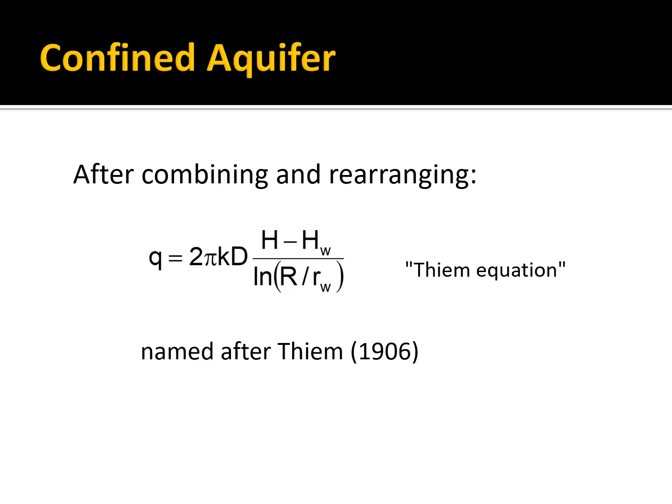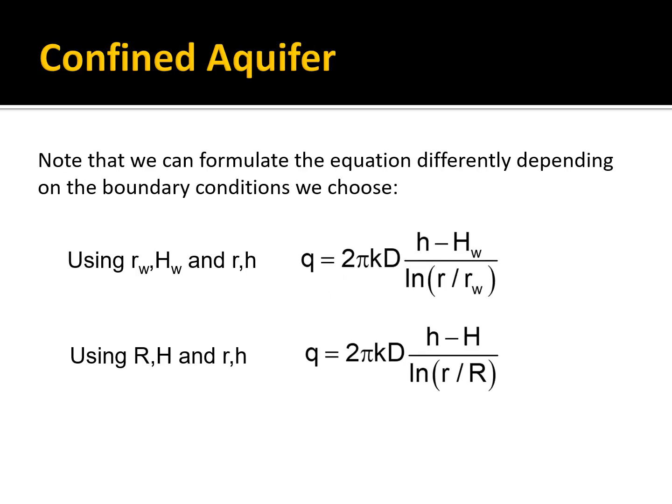And so now, if you know what the head is at the well, or for a given drawdown or head at the well and radius of influence, you can calculate the flow rate Q. But there are a lot of things we can do with this equation.